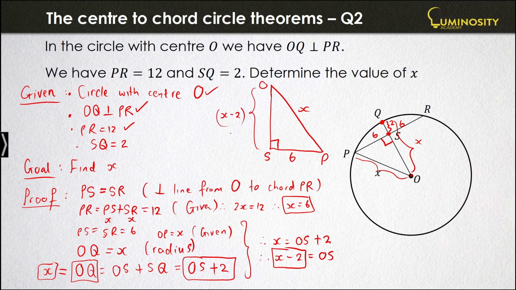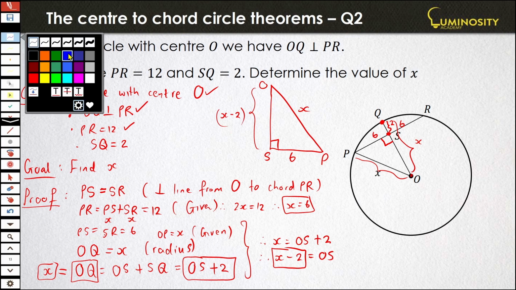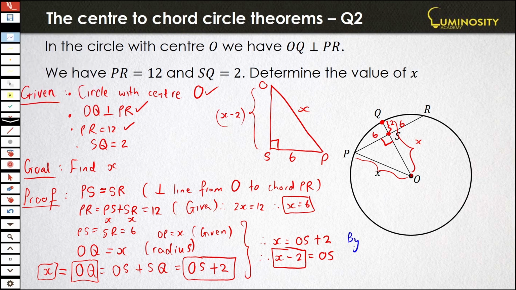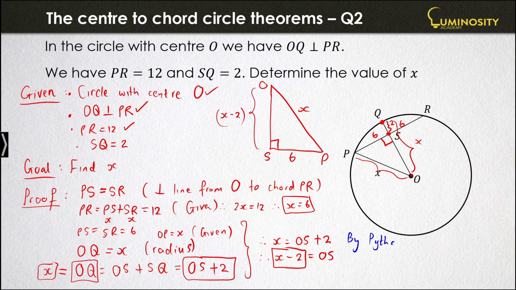Now we can use the Pythagorean theorem and solve for X. So how do we do that? I can say by Pythag, because everything you do has to have a logical reasoning behind it, we have X minus 2 all squared plus 6 squared equals X squared.